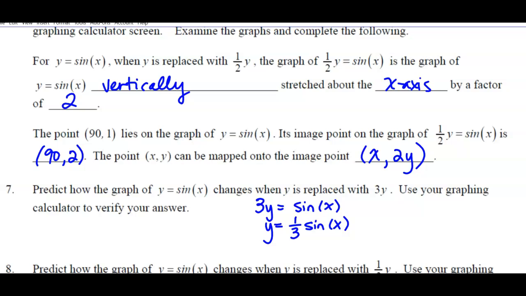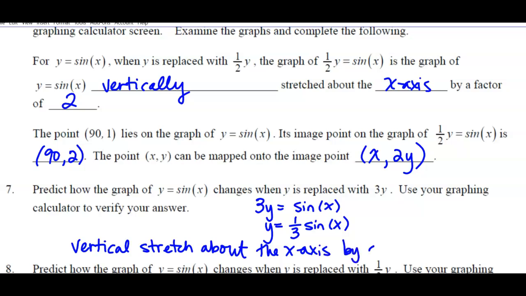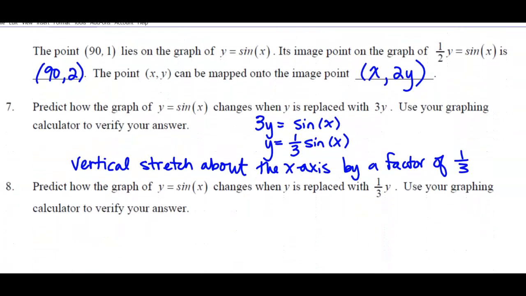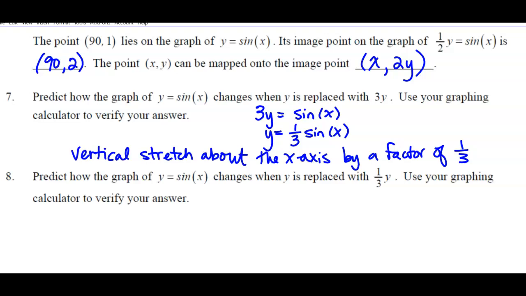And that tells you that now it's a vertical stretch about the x-axis by a factor of 1/3. And then if you replace y with 1/3 y, it's going to be stretched by a factor of 3.